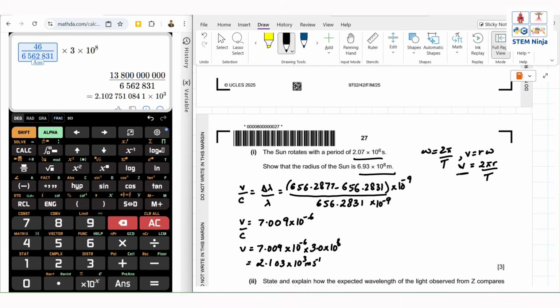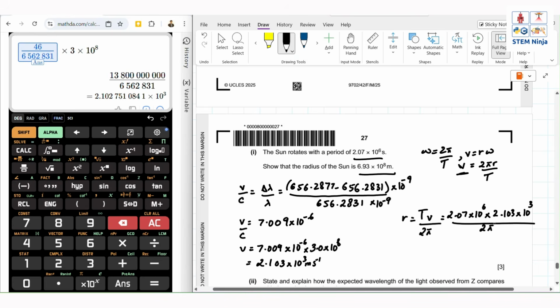And now we are going to use this in this. So R would be T V over 2 pi. Period is 2.07 × 10 raised to the power 6. Velocity is 2.103 × 10 raised to the power 3 divided by 2 pi, and just hope I'm not missing out anything.